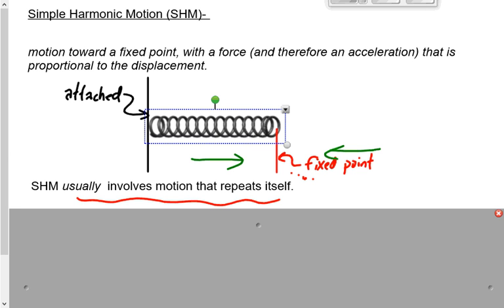So gravity is only partially pulling it back to that fixed position. Gravity is pulling it straight down, but it wants to go this way. So there's only a component of gravity that's acting to pull it back. So all of gravity here acts to pull it back, but only part of gravity here, and even less of it here. So the more displacement we have, the more force of gravity is pulling it back to its fixed position. Does that make sense?